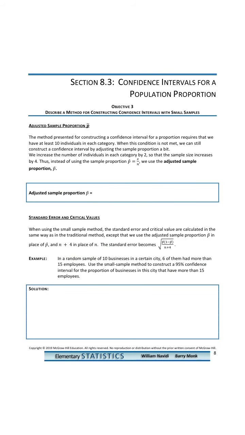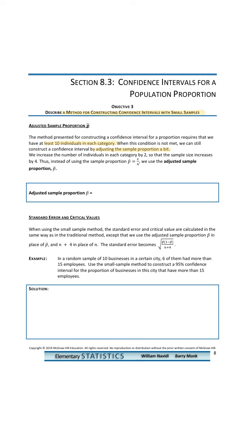Objective 3, we are going to learn a method for constructing confidence interval for small samples. In the previous example, we saw that we need at least 10 individuals in each category. But when this condition is not met, we can actually construct a confidence interval by adjusting the sample proportion by adding 2 in each category so that the sample size increases by 4.